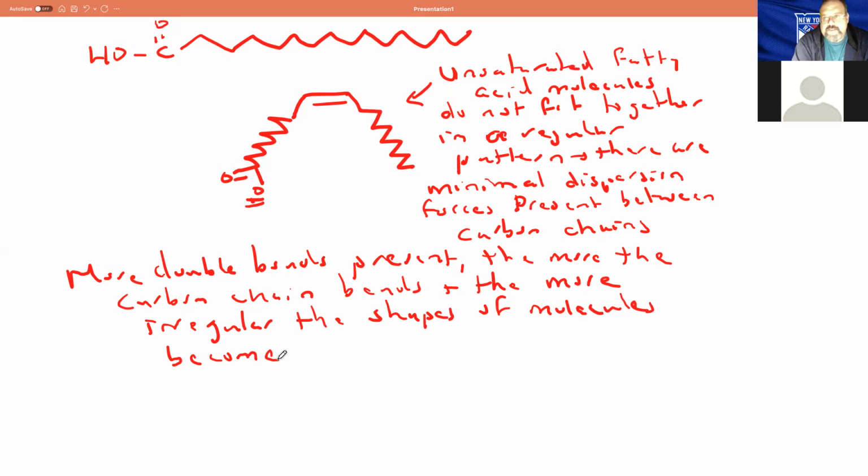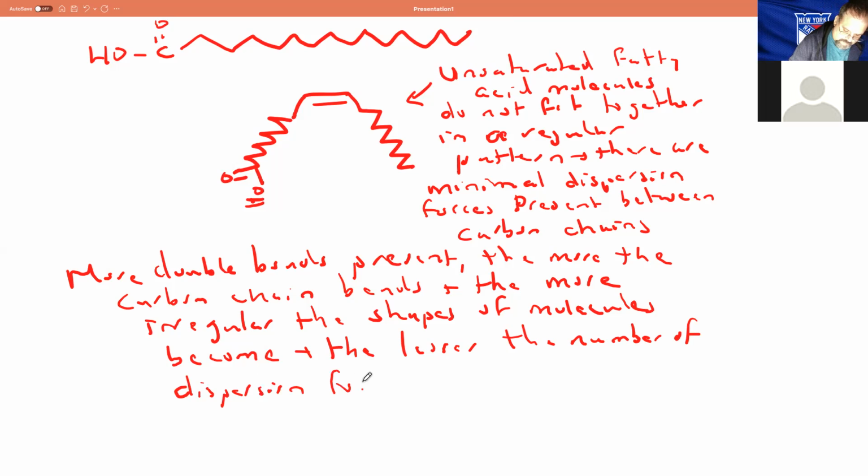So as you go from a monounsaturated fatty acid to a polyunsaturated fatty acid, the molecules are going to have more and more of an irregular shape, because every time you have a cis double bond, the carbon chain is going to bend. And therefore, the lesser the number of dispersion forces that are going to be present.